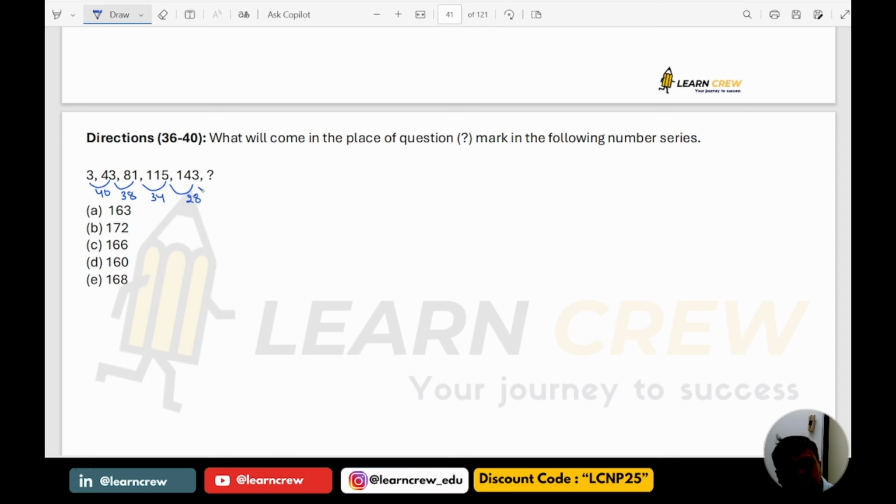So here the difference of difference is 2, then 4, then 6, so the next difference of difference must be 8. 2, 4, 6, 8. So it has to be 20 difference.